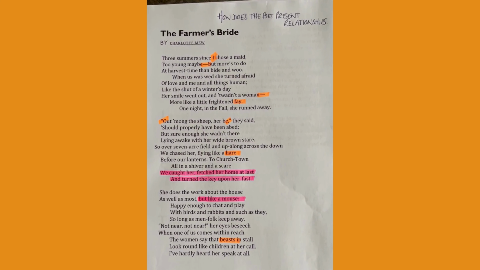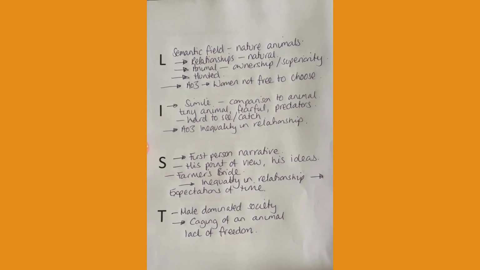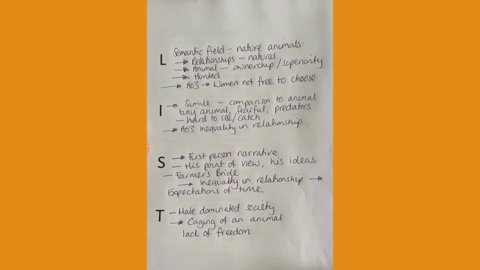And therefore, the bigger idea behind this poem is about relationships, about marriage, about society. It is a commentary on society, and much like the animals in the poem, the woman cannot be locked up. So this is what we end up with in terms of unpicking the poem with language, imagery, structure and theme.